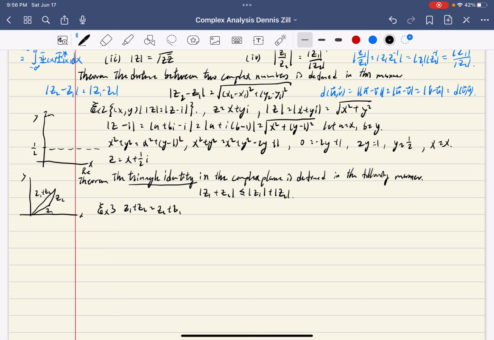How about we do our triangle identity? That's basically equal to z2 plus z1, right? And it still holds, right? It still holds.